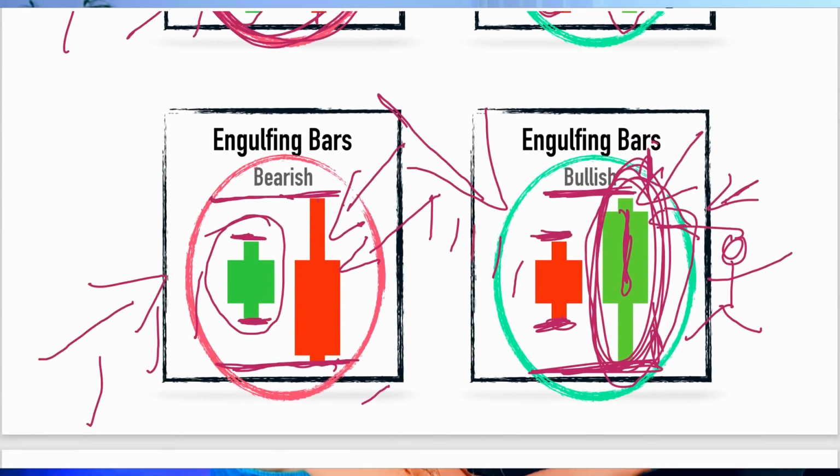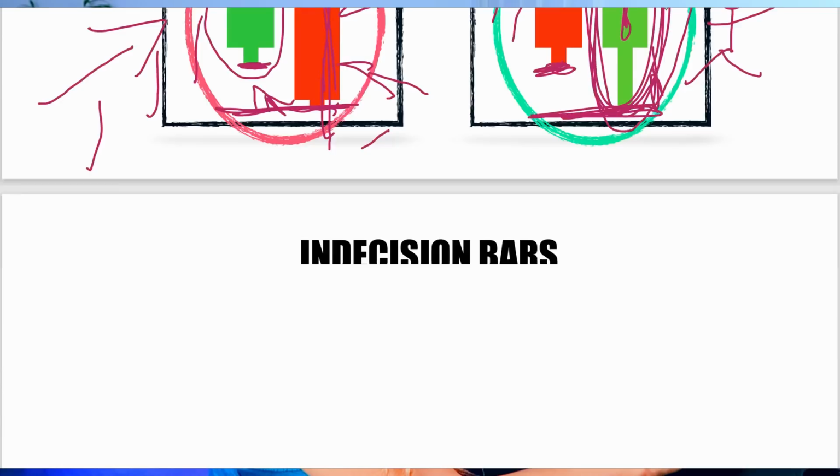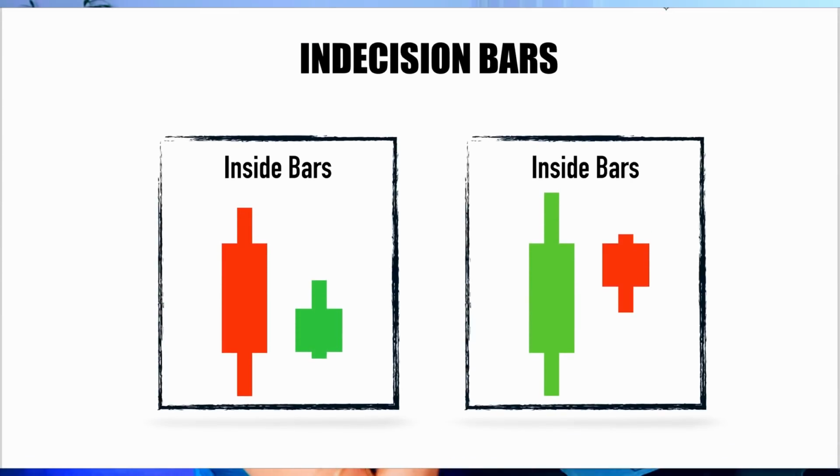We've had engulfing bars, right, where the outer bar was pretty much covering the previous bar. And now we've got inside bars, which represent indecision. It is kind of the other way around. Let's say it is a bearish market. So we're coming from here in this direction. This bar is any bar. What we need to pay attention to is this one.